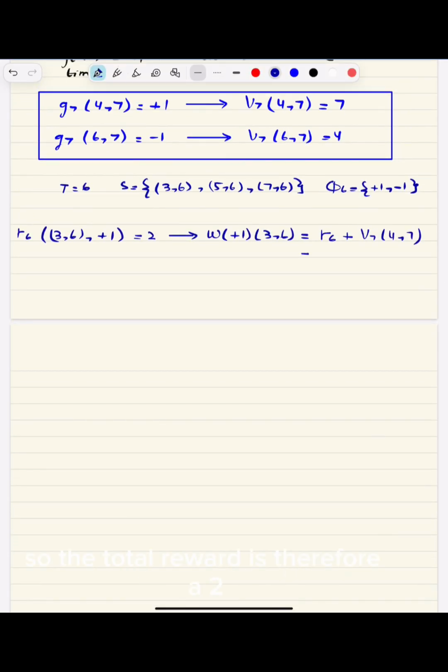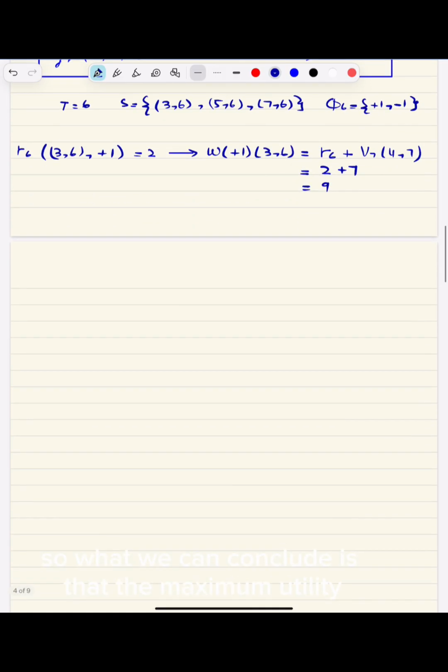So the total reward is therefore 2 plus 7, which is 9. So we can conclude that the maximum utility at time period 6 when you are at the node 3 6 is going to be 9.